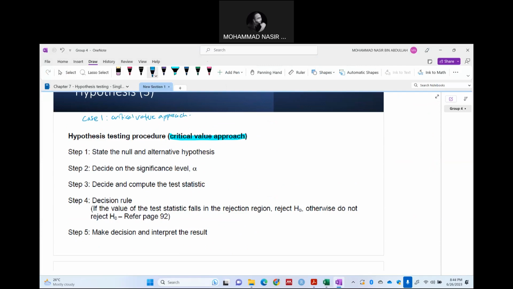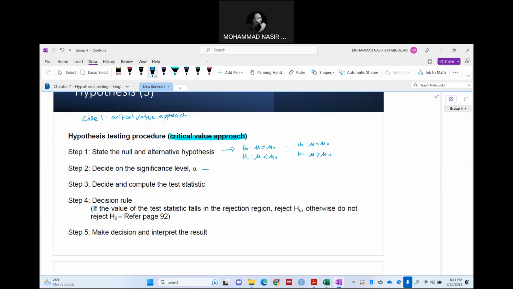So the first step, remember earlier, we need to state the null hypothesis statement. It can be either null hypothesis mu equal to mu naught, alternative hypothesis mu less than mu naught, or null hypothesis mu equal to mu naught, alternative hypothesis mu more than mu naught. This is for a one-tail test.